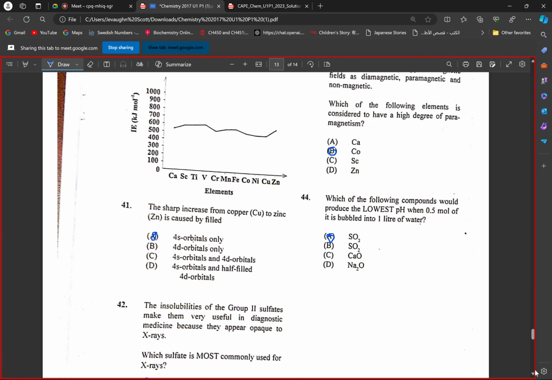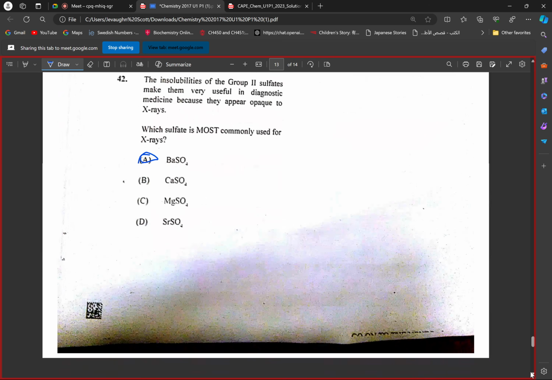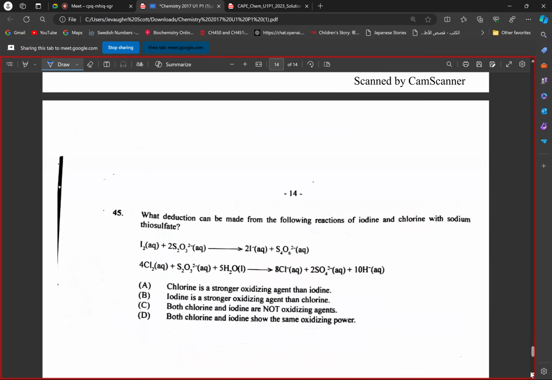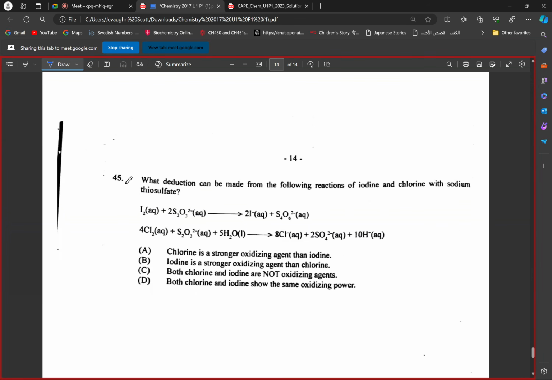Alright, it has a very high affinity for water as an oxo acid, which you'll learn at higher levels of chemistry. And what deduction can be made from the following reactions of iodine and chlorine with sodium thiosulfate? Chlorine is a stronger oxidizing agent, yes?